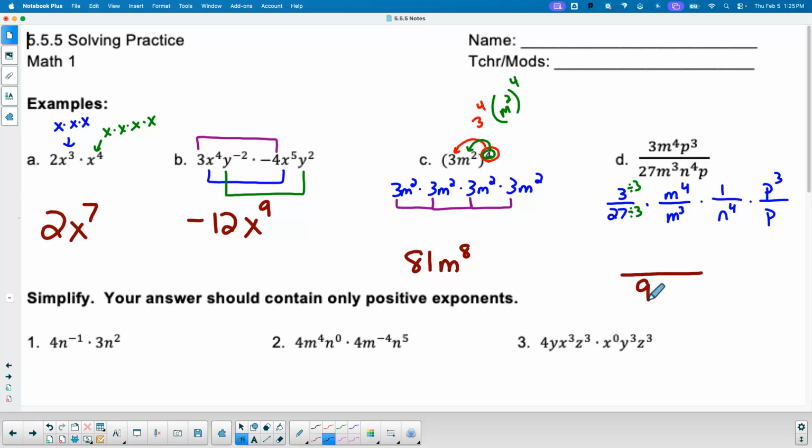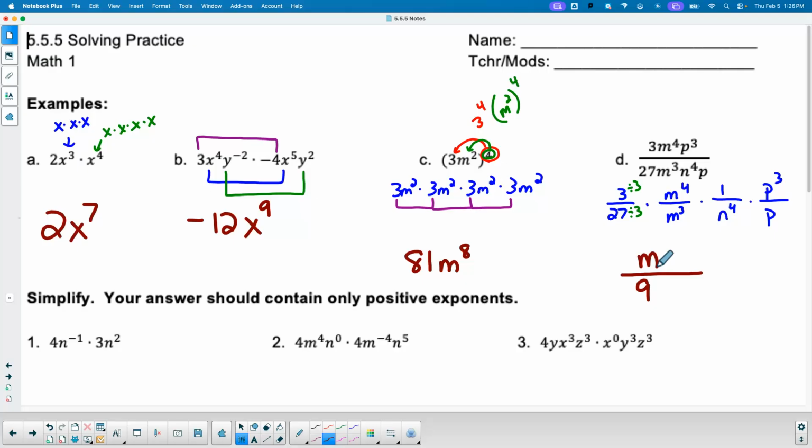Now with variables, you look where there's more of it. Are there more m's on top or more m's on the bottom? On top. How many more? 1 more. So on top, I need an m. Are there more n's on the bottom or on the top?